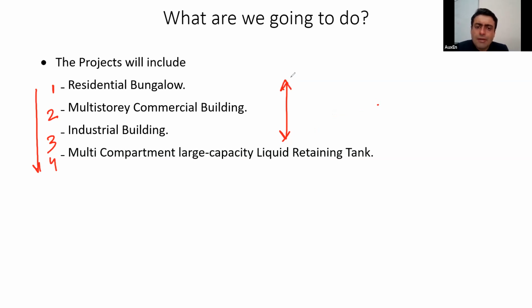Sometimes a small project like a G+1 project is more challenging than, let us say, a G+5 or G+6 project. So you should not think that the residential bungalow is going to be easy and the industrial building is going to be tough. Every project will have its own unique challenges. We will be seeing to them during the course. Good.